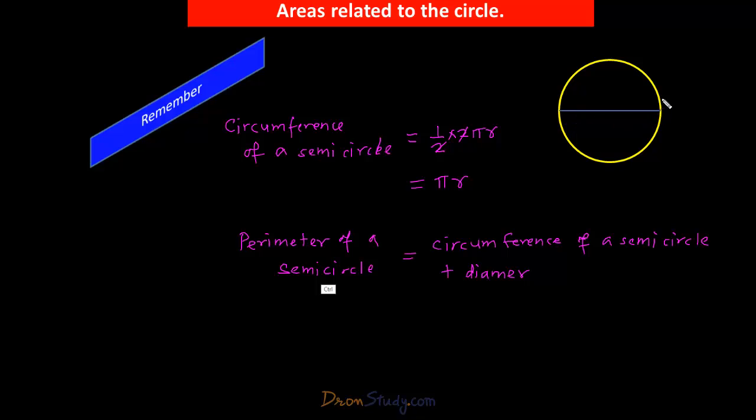So diameter plus the circumference of semicircle will be the total length of the boundary, which is equal to pi r plus diameter, that is 2r. So r will be a common factor, so it will be 2 plus pi. So the perimeter of a semicircle is given by r into bracket 2 plus pi.